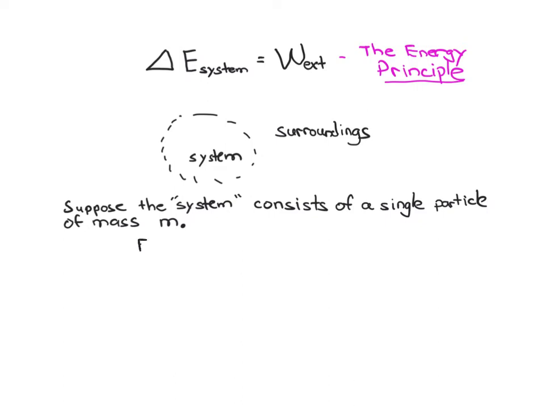Well, in that case, the energy of the system is just the energy of a single particle of mass m. We'll call that E particle. The energy of a particle of mass m is purely kinetic energy, and that energy, according to chapter 6 in Wolfson, is equal to 1/2 mv squared. That's the kinetic energy of the particle.